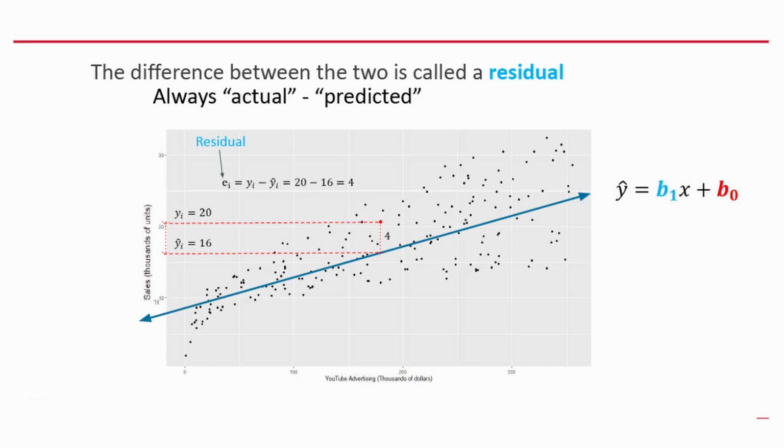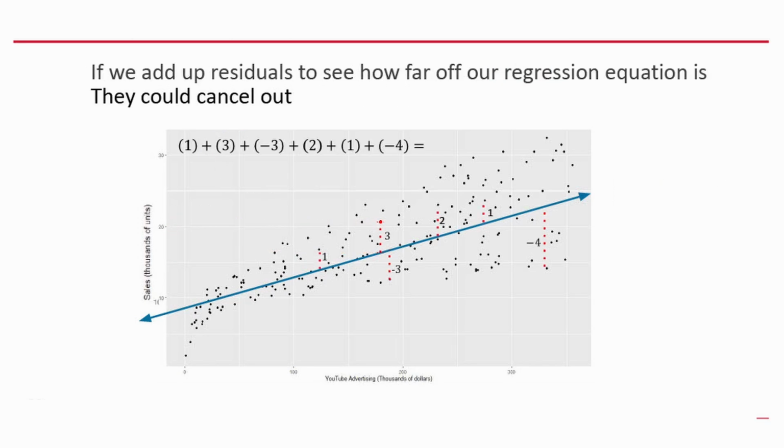It depends how close that observation, that data point, that dot on the scatter plot is to the line, our regression equation. So to tell how good your regression equation is doing, you would do this for every data point, not just one. So I've done 6 here. The residuals are 1, 3, -3, +2, +1, -4. The positive residuals are for points above the line.